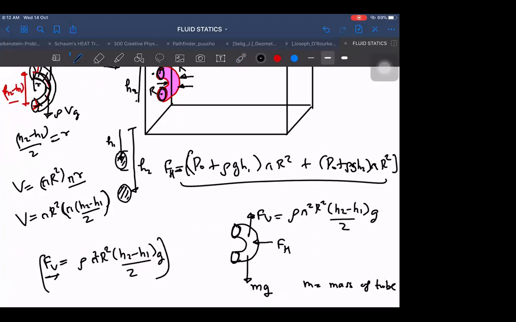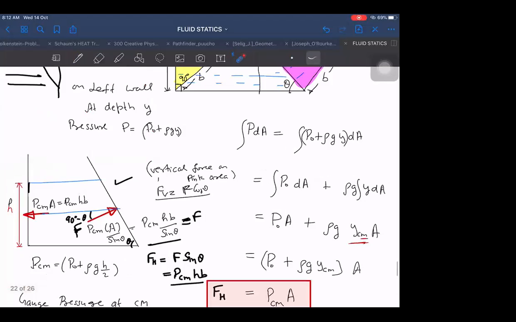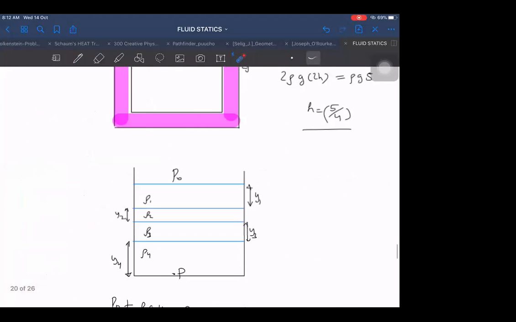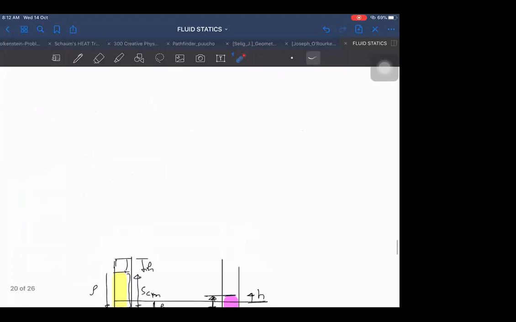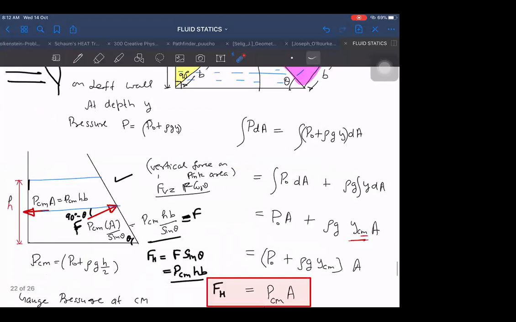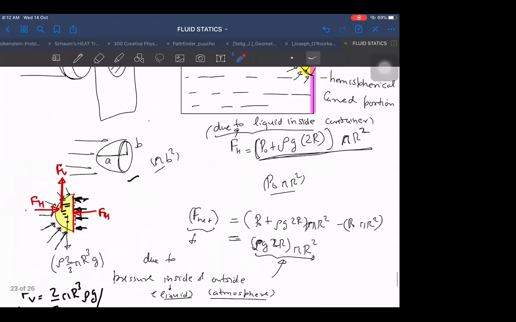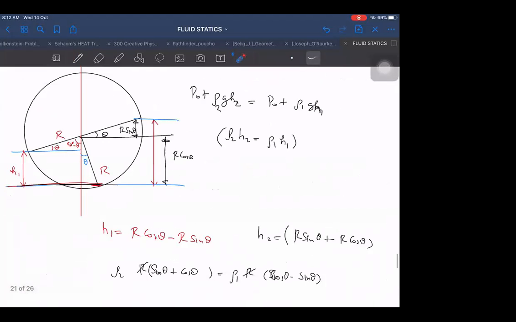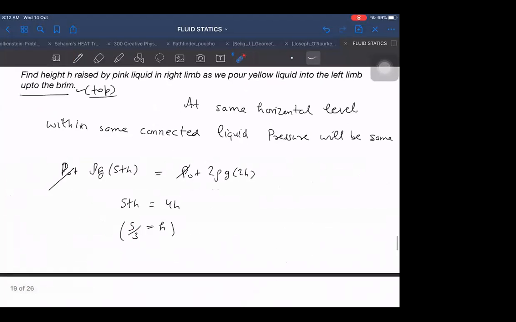But it does not mean that if I found it by taking the liquid free body diagram, then I can never draw the diagram of the solid. I can draw the diagram of solid. In all these cases, I can draw the diagram of solid. In the first case itself, from where I started all this discussion, where was that diagram?